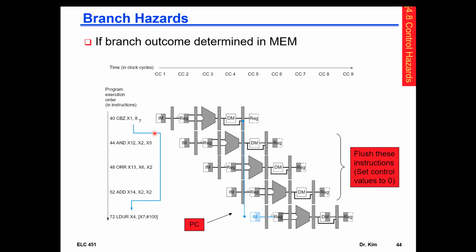So we are supposed to branch over here. Here's where we update the PC. And we're going to be fetching from this address, the branch target address.